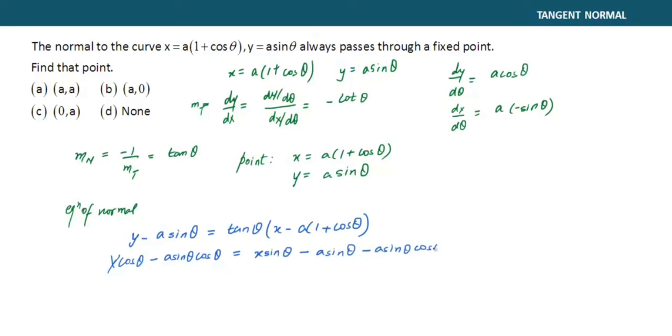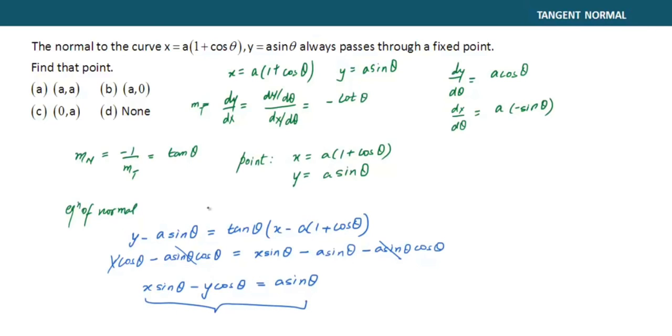Easily I can see that the a sin theta cos theta terms will get cancelled out. So you will be left with an equation x sin theta minus y cos theta is equal to a sin theta. This is the final equation of the normal that you will get.